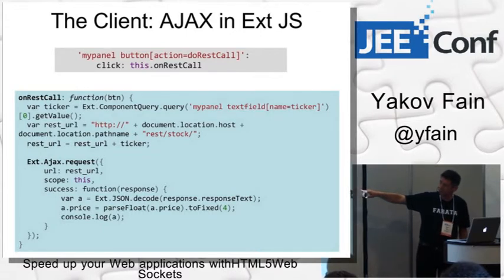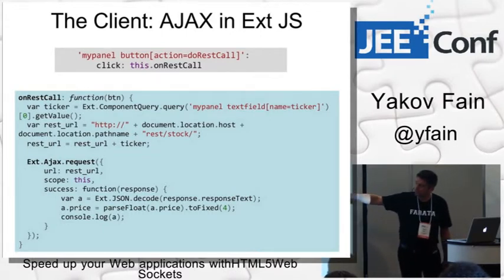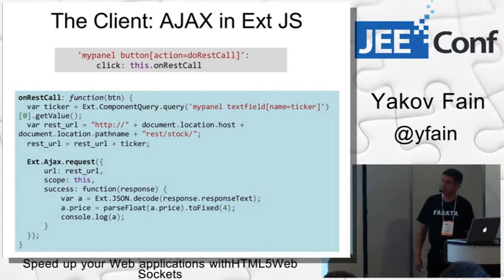At the top, the REST URL variable is equal to HTTP, and we get default values from document location. This is a default browser API. We concatenate the host where this code came from. In this case, it would be localhost 8080 where my GlassFish is running, and we are attaching location path name, REST and stock, and then we attach a ticker.